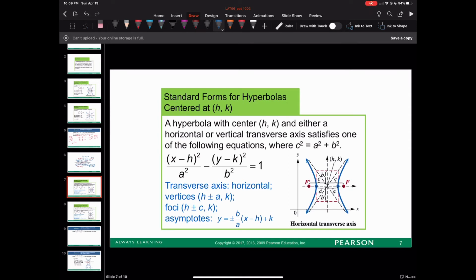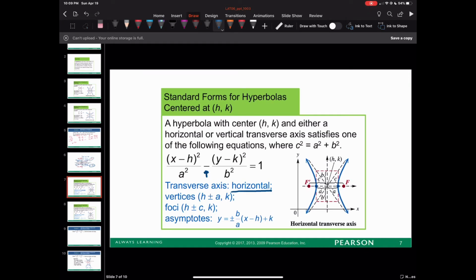So (x minus h) squared over a squared minus (y minus k) squared over b squared is equal to 1. The transverse axis is horizontal, because the x's come first. And you have to keep in mind that minus there.